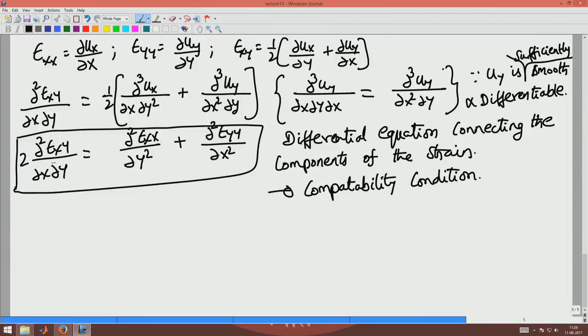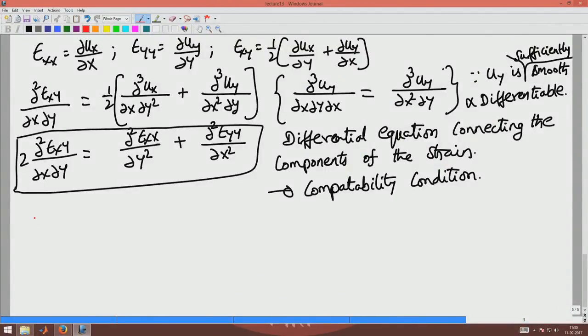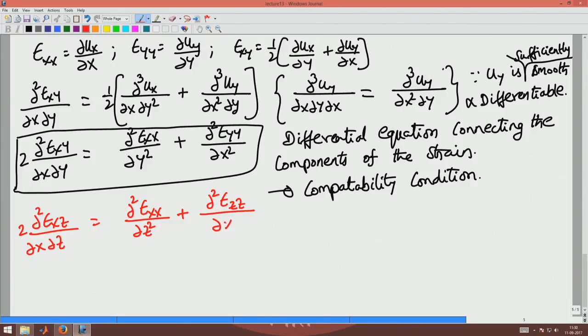This is if I assume the strain is plane in terms of the x and y directions. Similarly, I can write the condition for the strain being plane in the other 2 planes. If the strain is plane in the xz plane, I will have ∂²εxz/∂x∂z given by ∂²εxx/∂z² plus ∂²εzz/∂x², and similarly ∂²εyz/∂y∂z equal to ∂²εyy/∂z² plus ∂²εzz/∂y². I am writing this by analogy, which you can show also holds true in the real case.